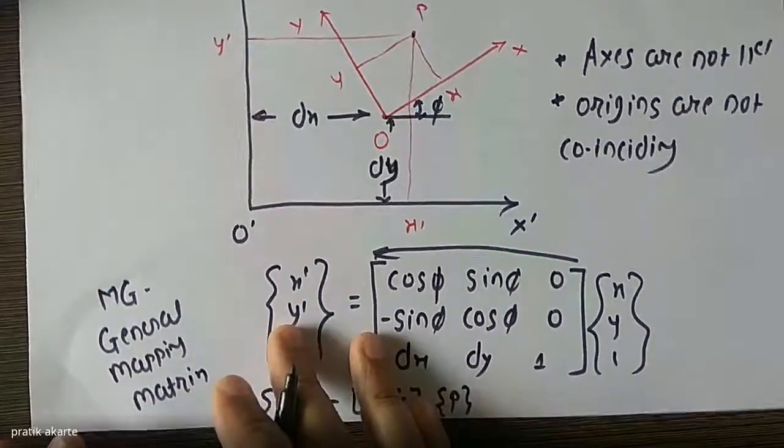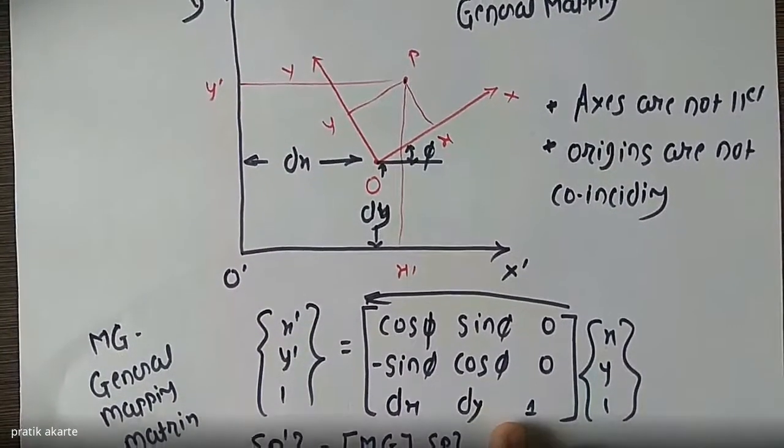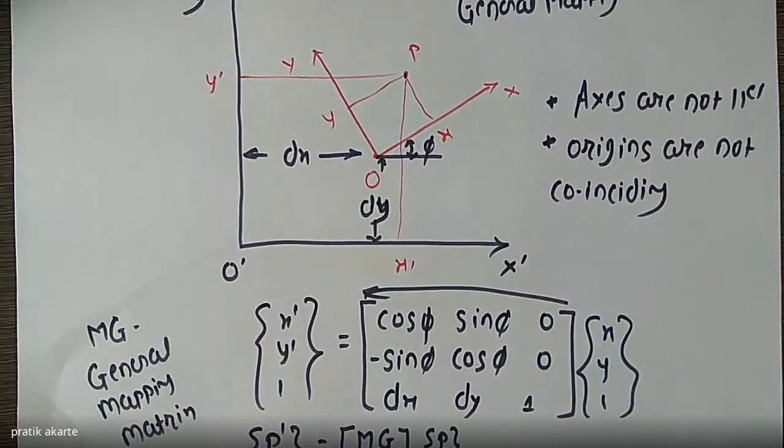Okay, so we have discussed three types of geometric mappings. First one is your translation mapping, in which the axes of both the coordinate systems are parallel to each other. For that, we have the translational mapping, and we found the translation mapping matrix.